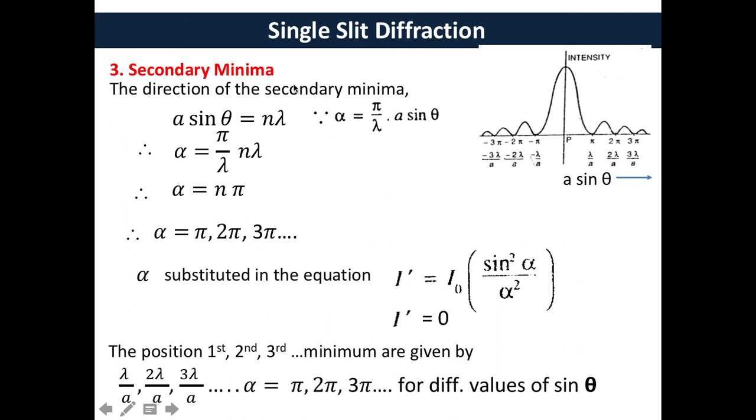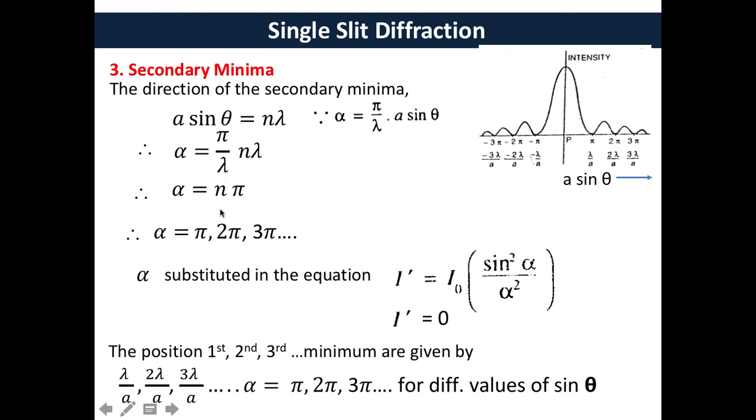Here for the minima, this is the destructive interference, and you know the condition for the secondary minima: a sine theta is equal to n lambda. For destructive interference, the phase difference alpha is equal to pi upon lambda a sine theta, which is equal to n lambda, so lambda will cancel out.